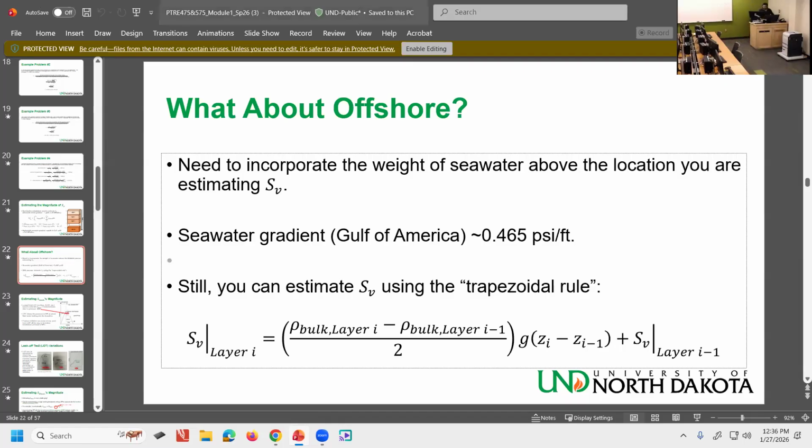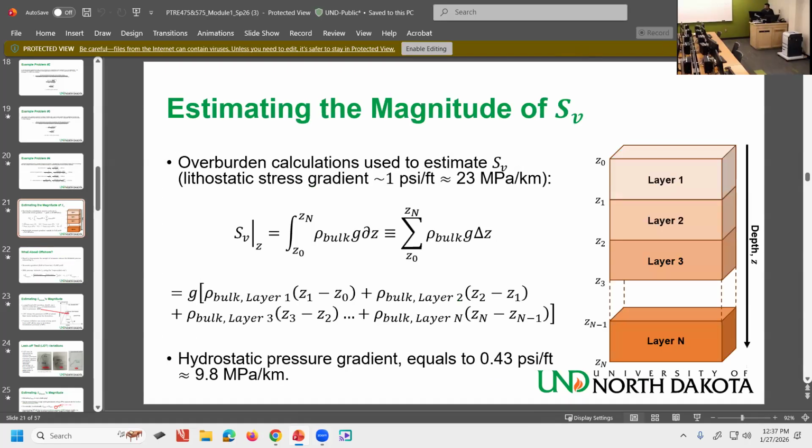So to use this equation, I give you these values, and I give you the depth here, the depth here, the depth here. That's another way of approximating your answer.